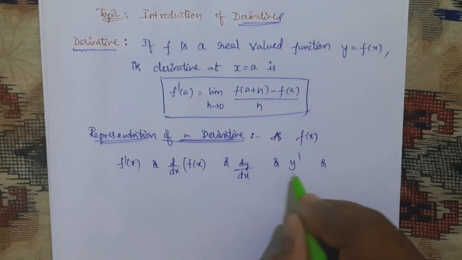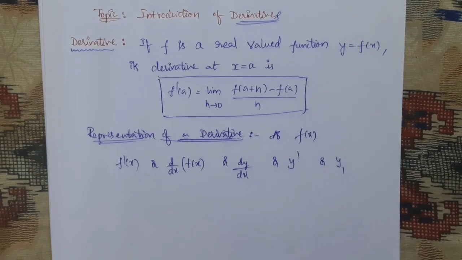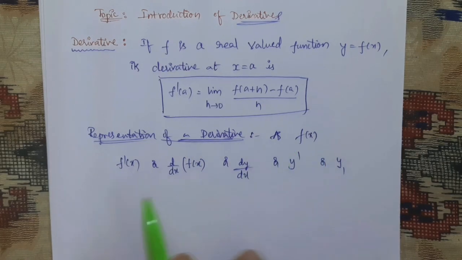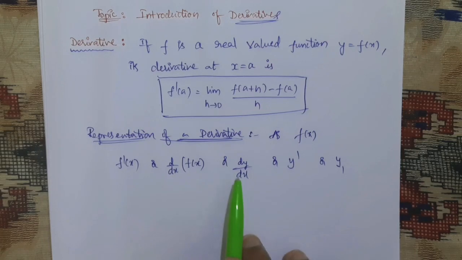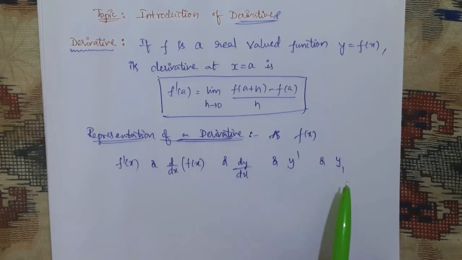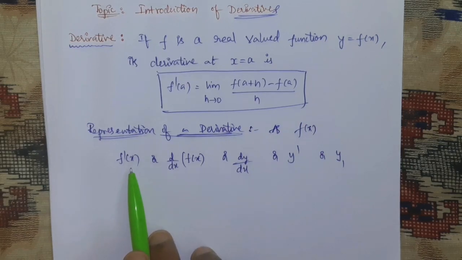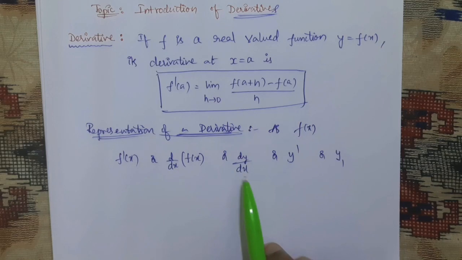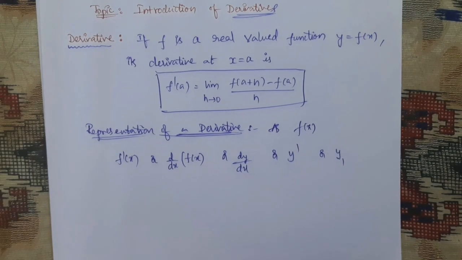We will call it y dash, not y1, y dash, and again as y1. So the representation of a derivative of f of x we will represent as f dash of x or d by dx of f of x or dy by dx or y dash or y1, like that. At x equal to a, it means f dash of a, d by dx of f of a, or dy by dx at x equal to a. Like that we will find at x equal to a.